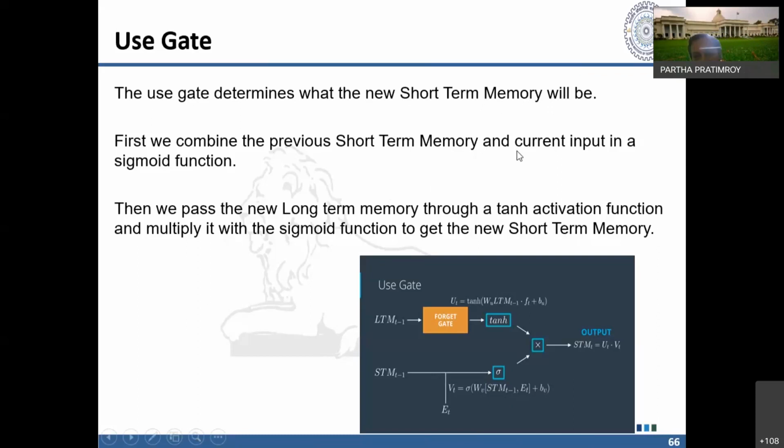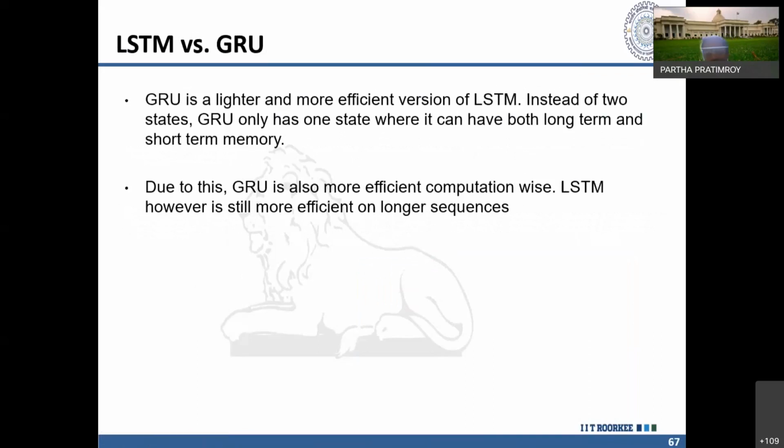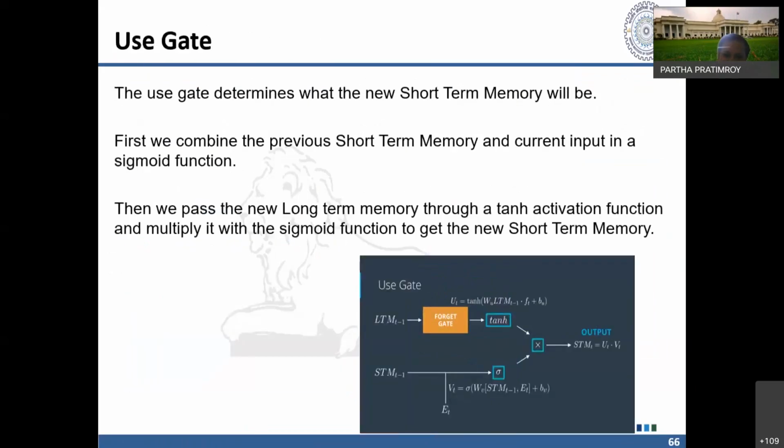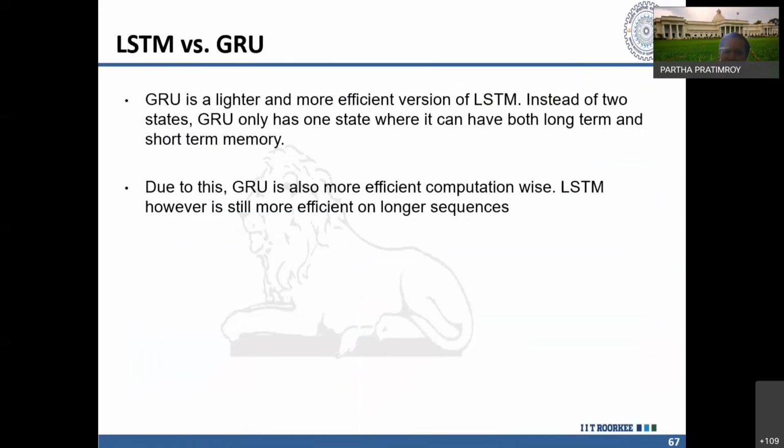First we combine the previous short-term memory and the current input. Okay, so these are some details, but I do not want to go into more detail with this mathematics. Okay, so I have just explained. You can read them later where you need to understand. First you have to understand with hands-on and then it will be clear.